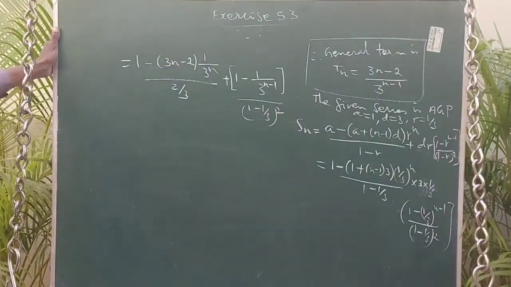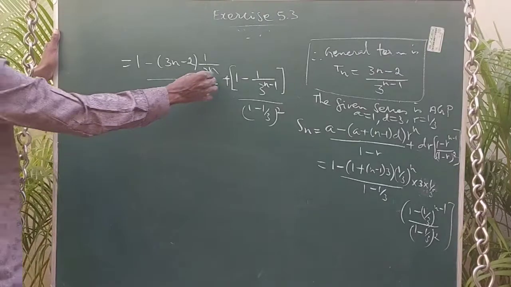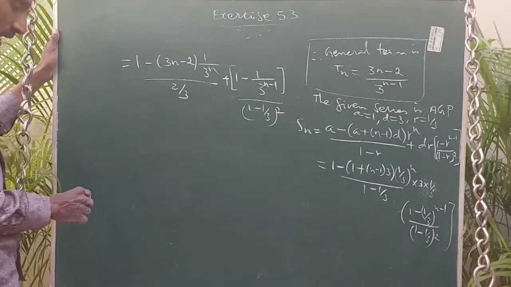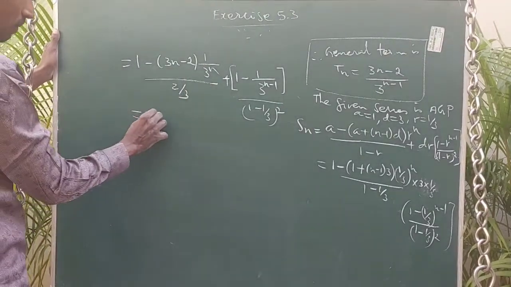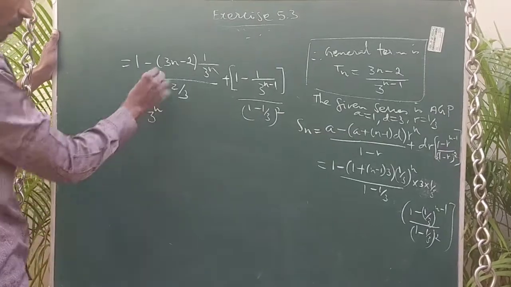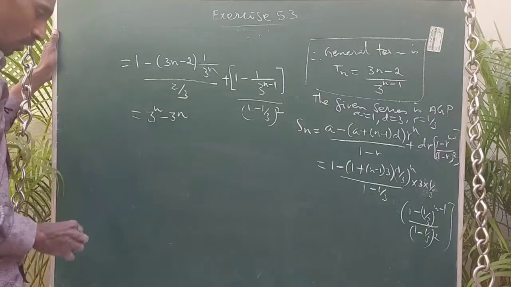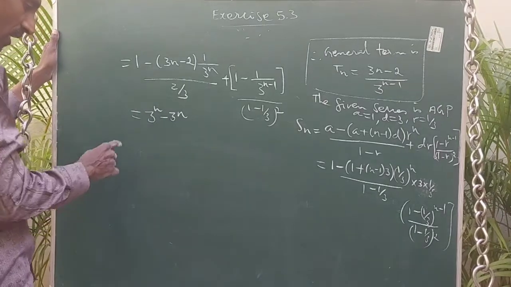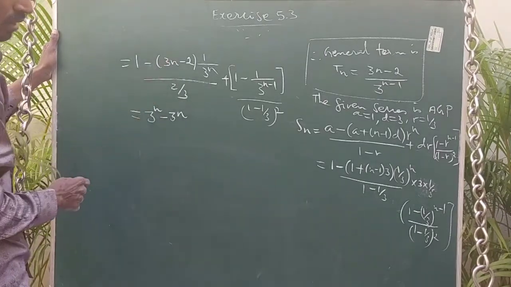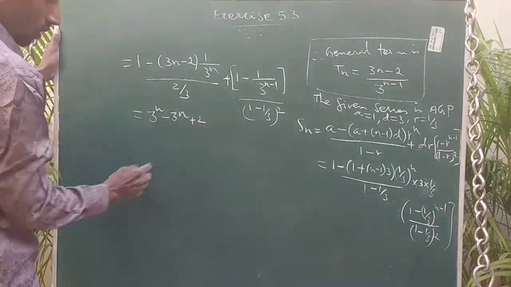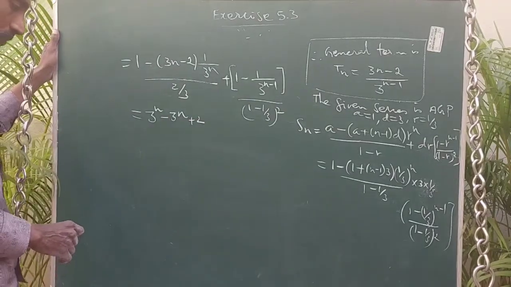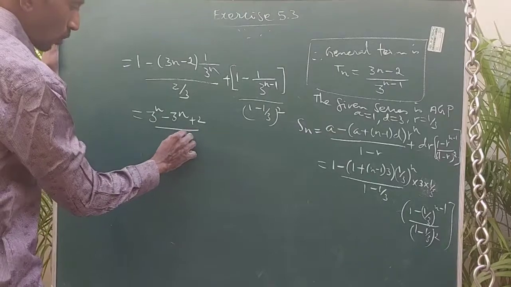So now we need to simplify, just take the LCM. What are we getting? 3 power n, multiply minus inside, minus 3n. Minus into minus, what are we getting? Plus 2, by 3.